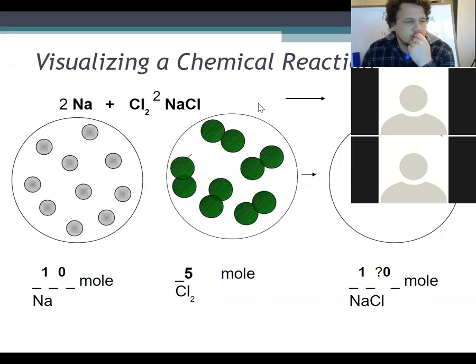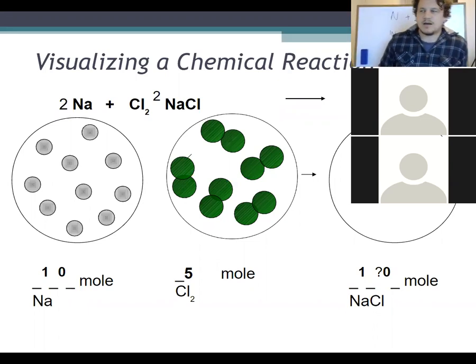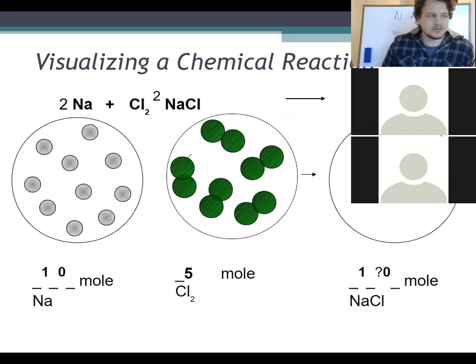So in order to balance, how much of each of sodium and chlorine would I need if I was creating 2 NaCl?